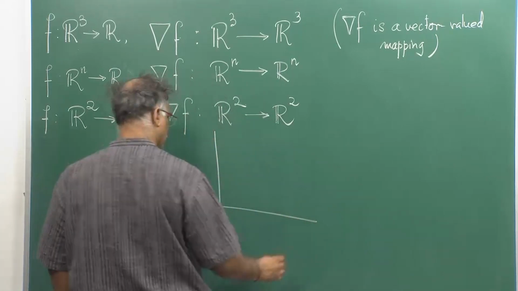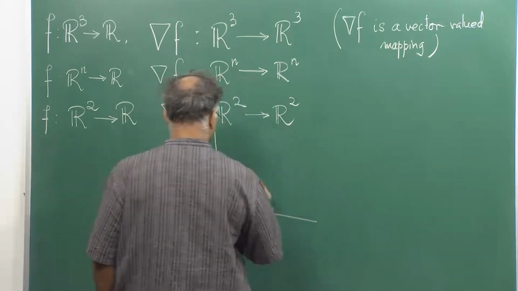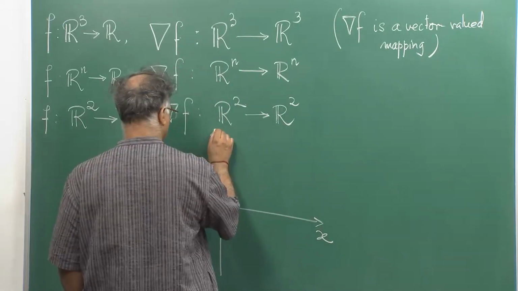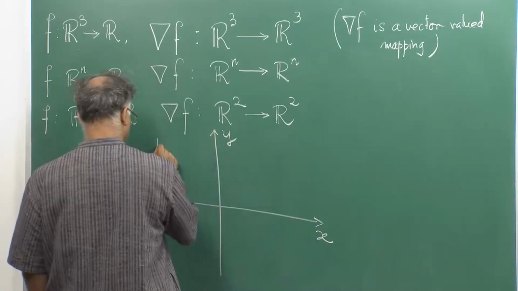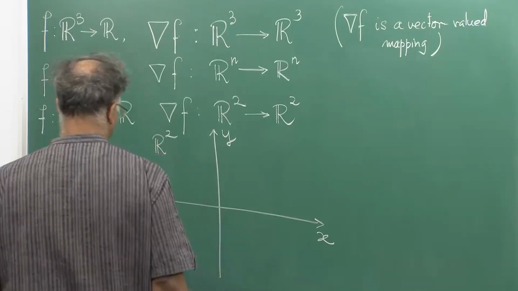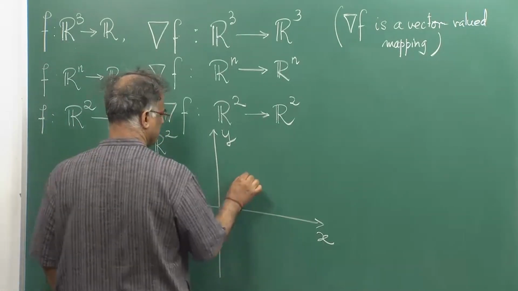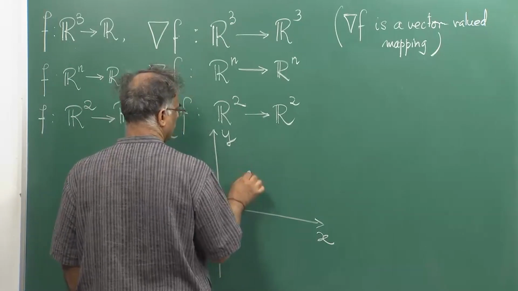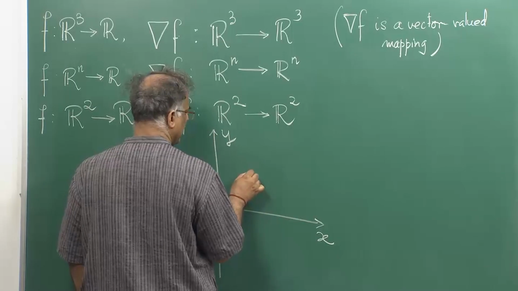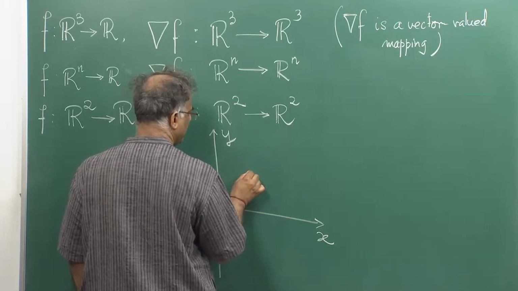So, if this is my R2, the x axis and the y axis, this is my space R2. Then take any point. At any point in R2, grad f takes this and gives me another vector.